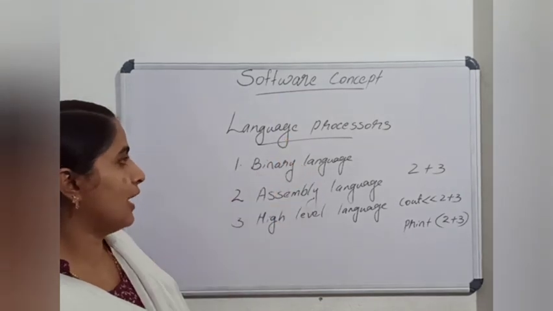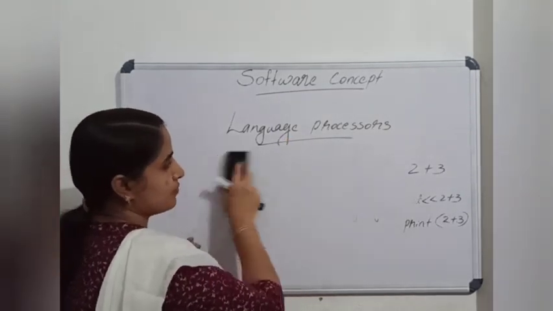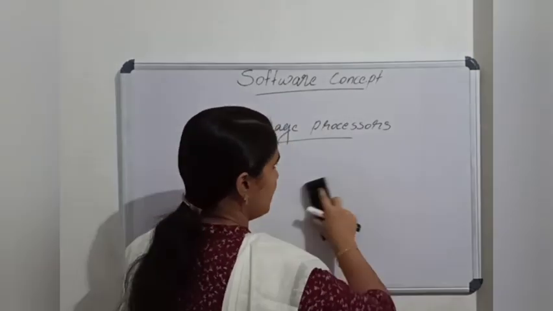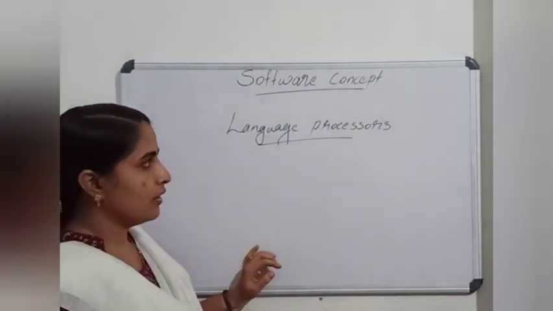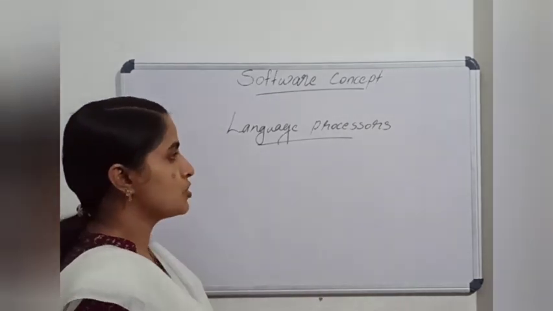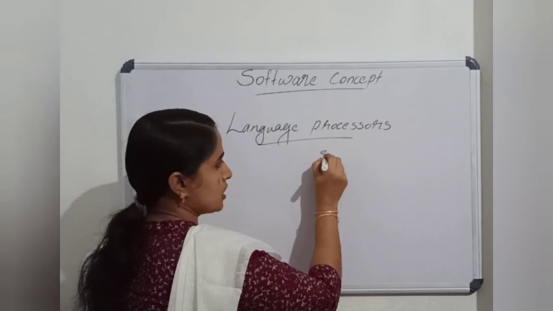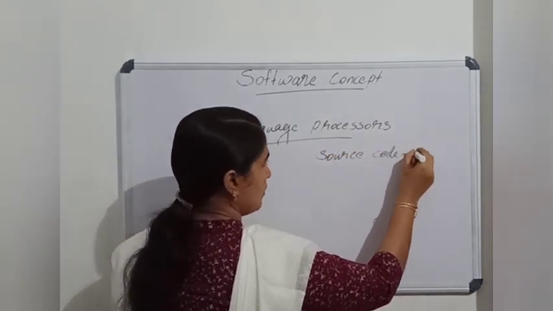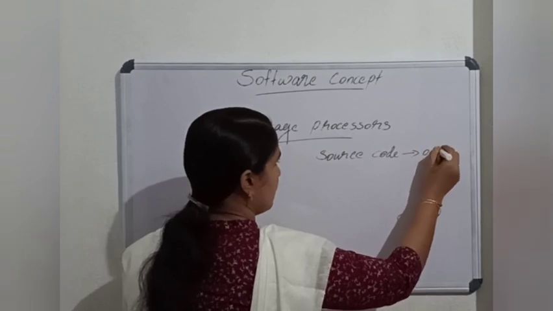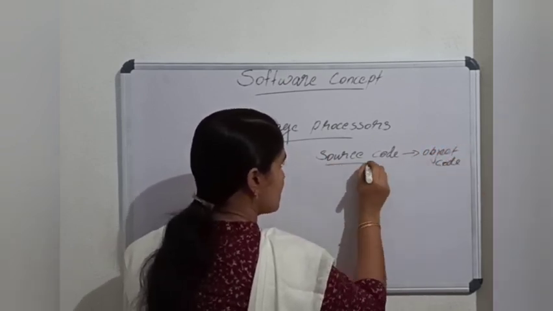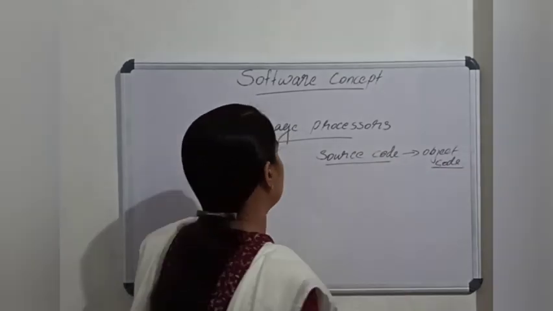Yes, come back to the language processors. The language processors are the translators, or the translating programs that convert source code to object code. What is the source code and object code?